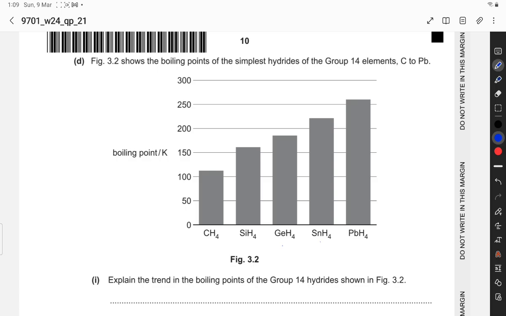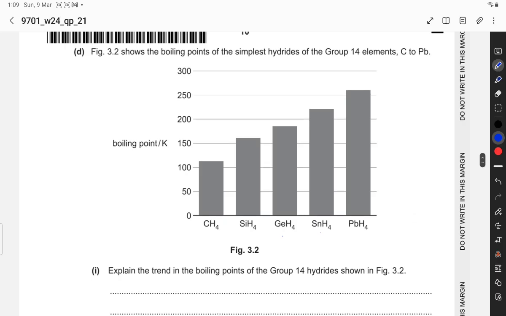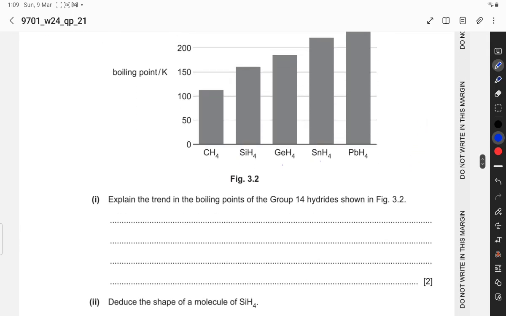The melting point and boiling point of the compounds increase because CH4 to PbH4 have a greater number of electrons.